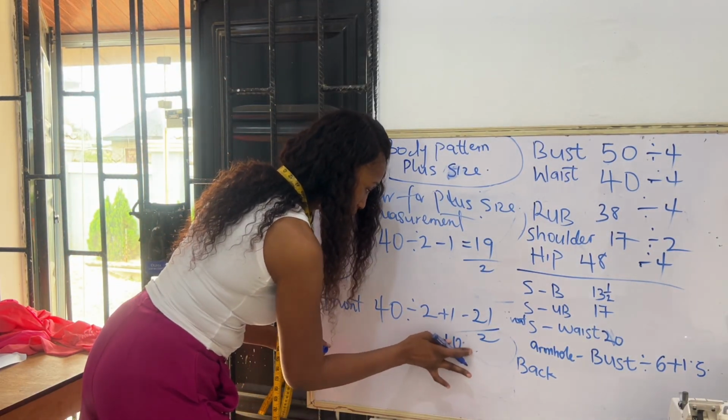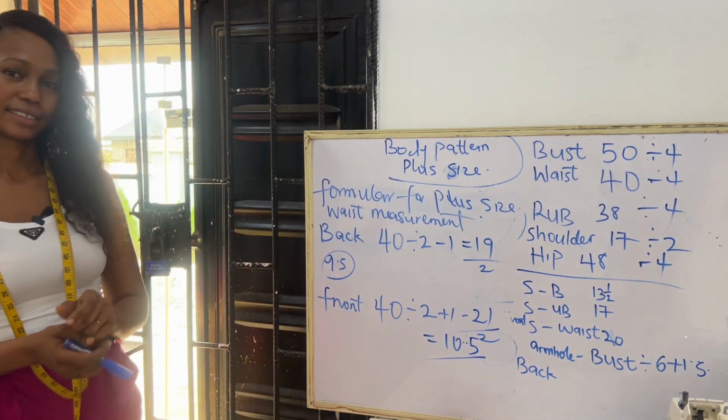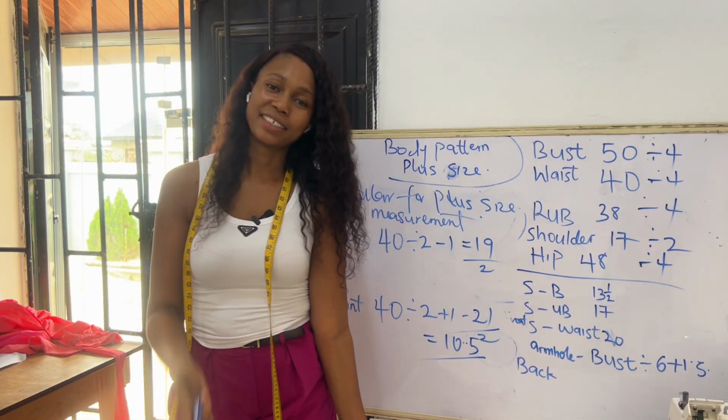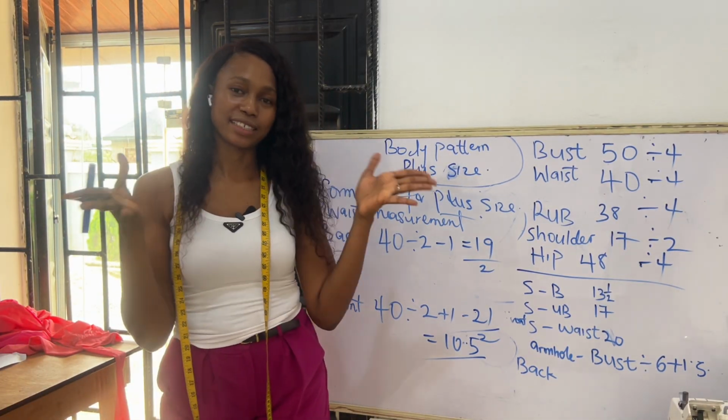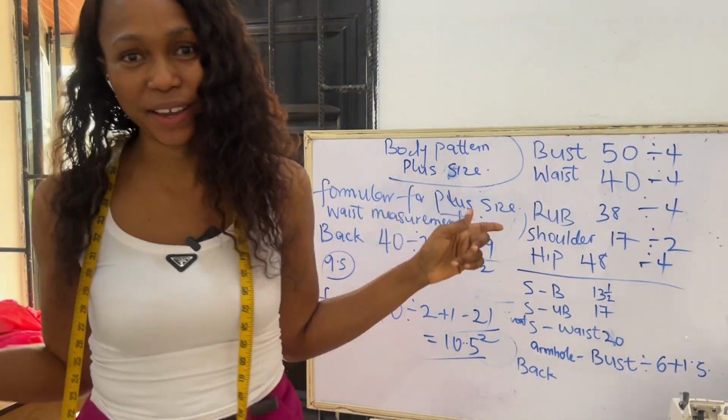Sorry, let's do 10.5 so that you guys understand better. So right now, this is it here. The next thing for us to do is to draft it on the pattern paper for you to understand better. Keep watching.